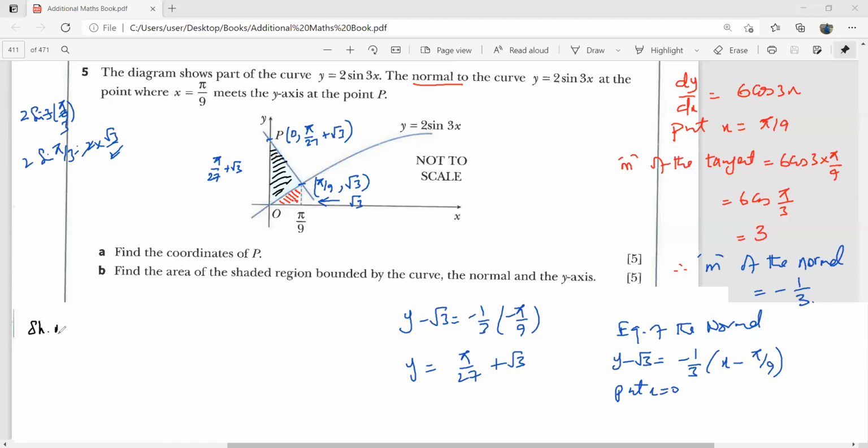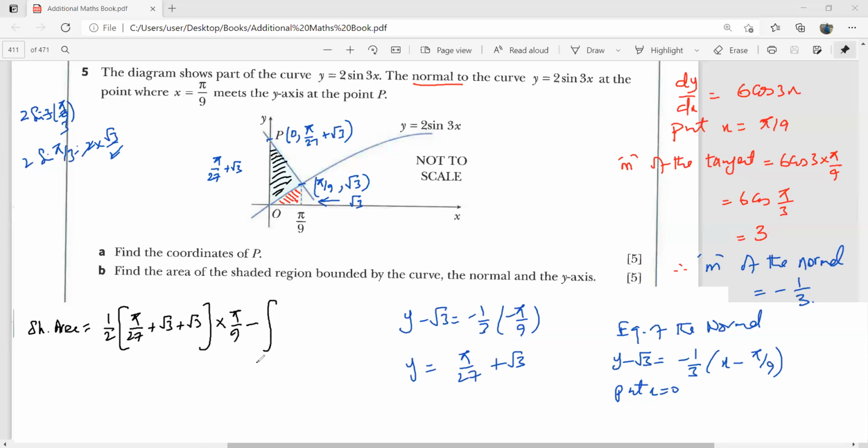Shaded area is going to be area of the trapezium, that is half into sum of the parallel sides. One of the sides is pi over 27 plus under root 3. The other side is under root 3, times the height, that is pi by 9, okay?